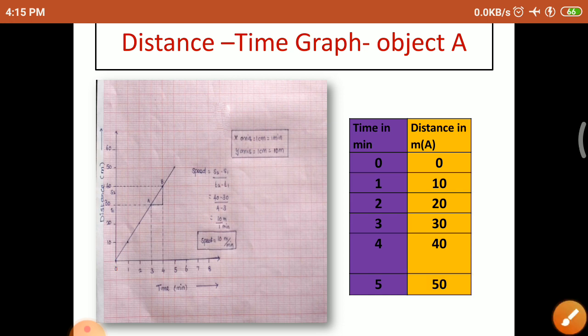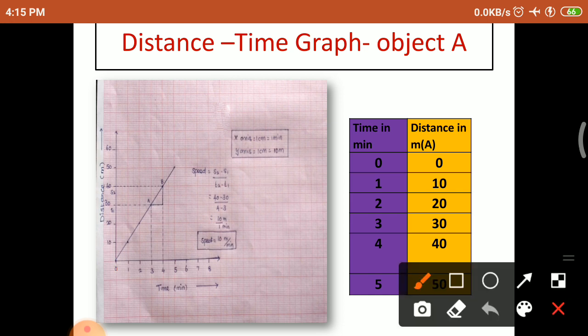Then you have to mark the points. When time is 0 minute, the distance is also 0. So this is the point. When time is 1 minute, it covers 10 meter. When time is 2 minute, the object covers 20 meter. When 3 minute, the object covers 30 meter.